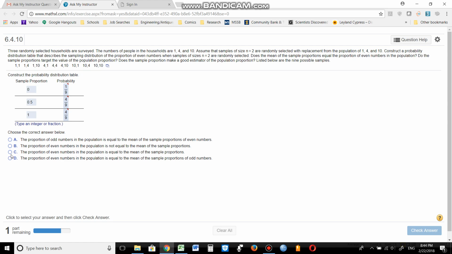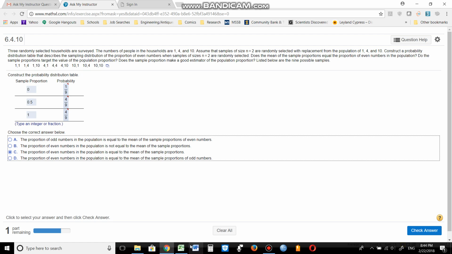According to the definition of an unbiased estimator, of which the proportion is one, this is going to be the appropriate response: the proportion of the even numbers in the population is equal to the mean of the sample proportions.